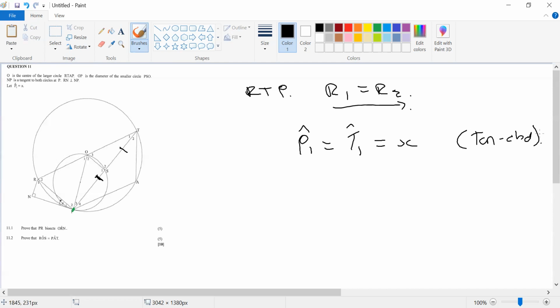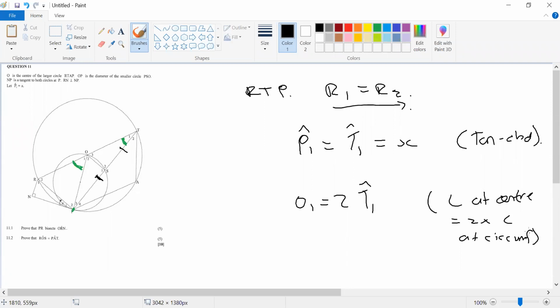I can see that this angle T1 and this angle O1 are linked because O1 is the angle at center and T1 is the angle at circumference. So O1 is equal to 2 times the angle at the circumference, which is T1. This is angle at center is equal to 2 times angle at circumference. So that's equal to 2x because I know that T1 is equal to x.